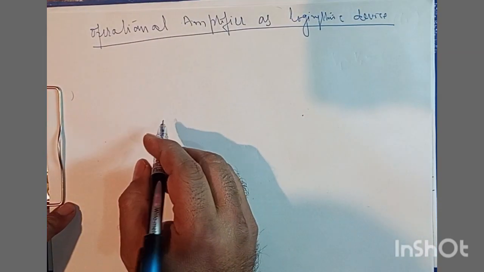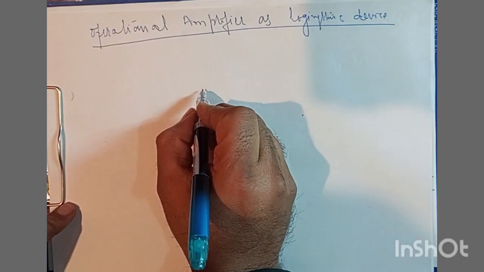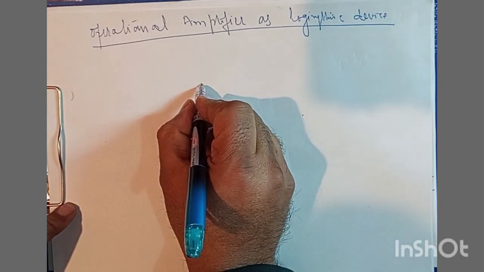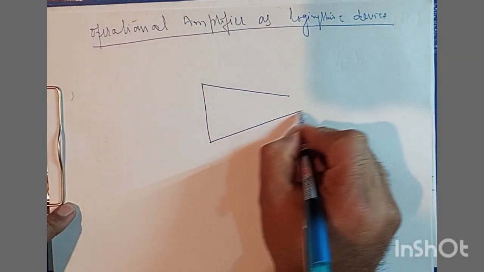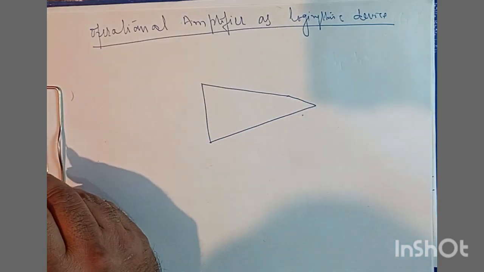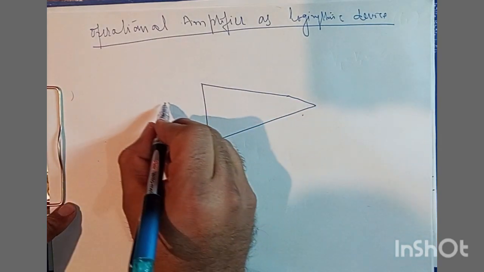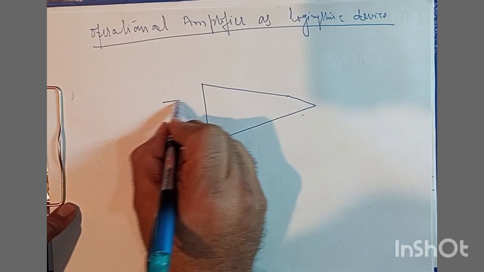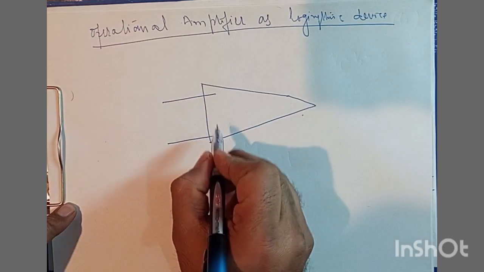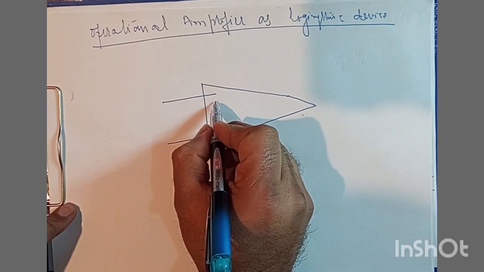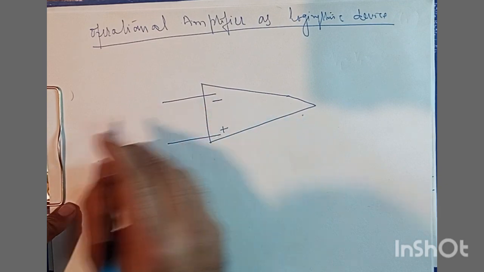So to start with, we have an operational amplifier, and it has two inputs. One is non-inverting, another one is inverting.